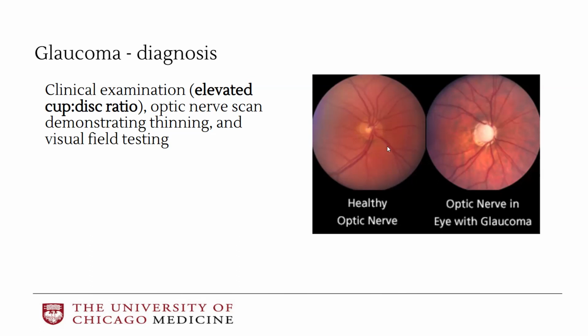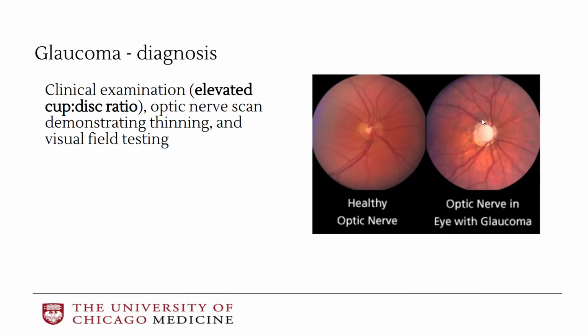So we talk about a cup to disc ratio. What we mean by that is like when you look at a teacup on a saucer from the top, that teacup should be small compared to the saucer. It shouldn't be the same size, or it shouldn't be big. The cup versus the disc.